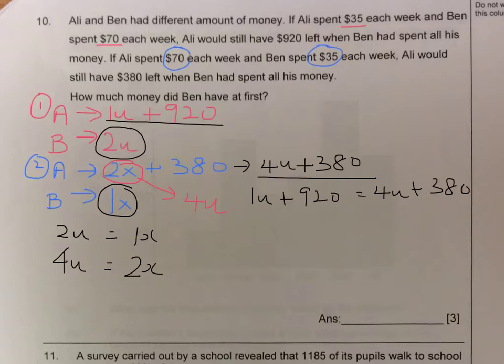So we cancel, I will have 3 units. I'm going to bring 380 over, it will become 920 minus 380. So 3 units will give me 540.